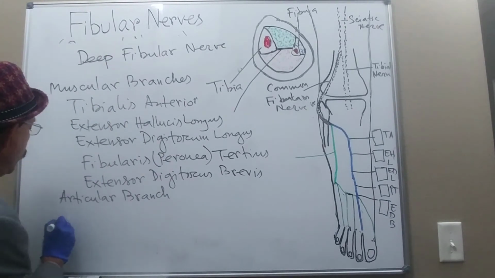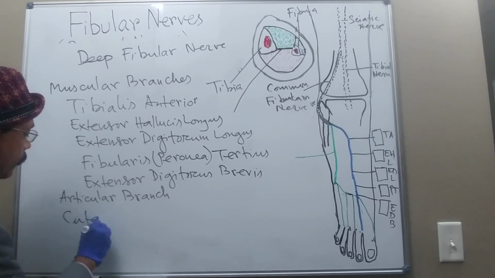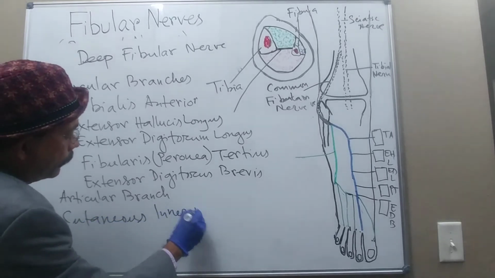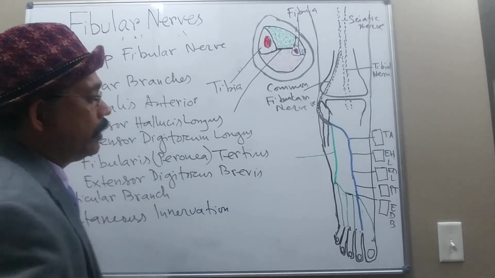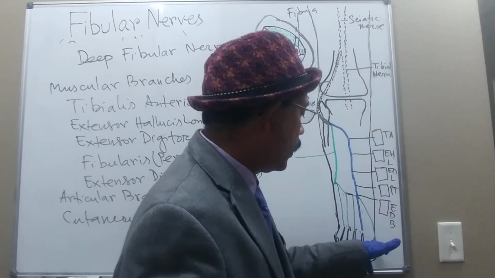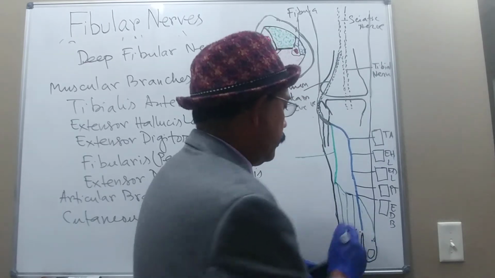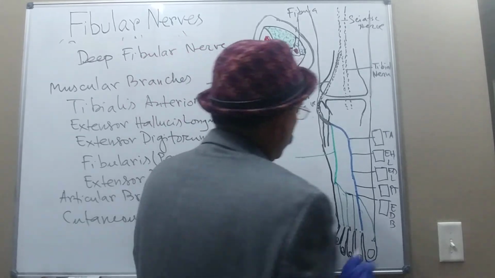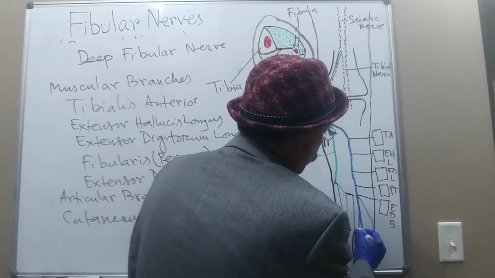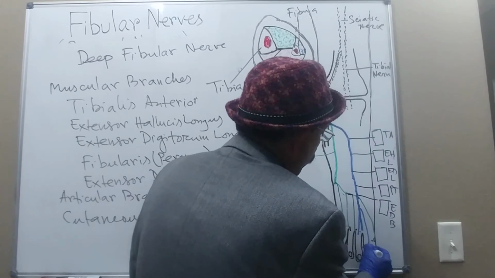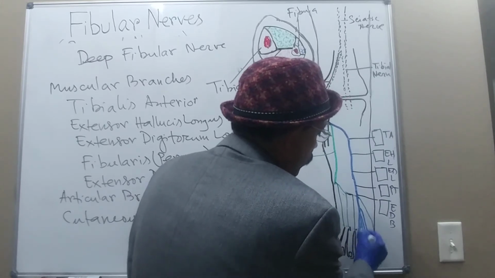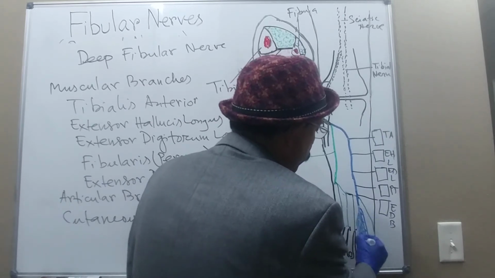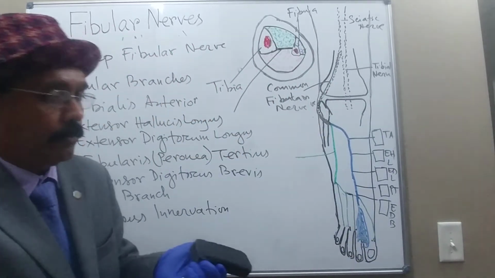Okay. Also cutaneous innervation. Cutaneous innervation is in the space between the great toe and the second toe. So this area, between the great toe and the second toe, is innervated by the deep fibular nerve.